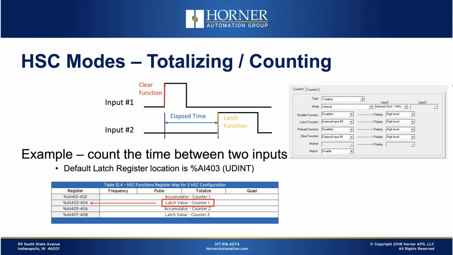Okay, so where do I find the latch value? Well, the latch value is the double word register right after the accumulator for each counter. In the examples I'm using today, I'm using an XL4 high-speed counter as the specific examples.